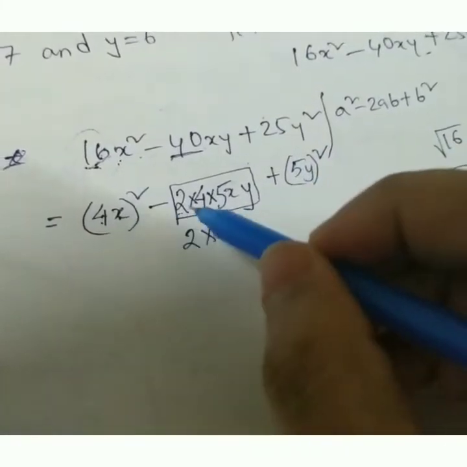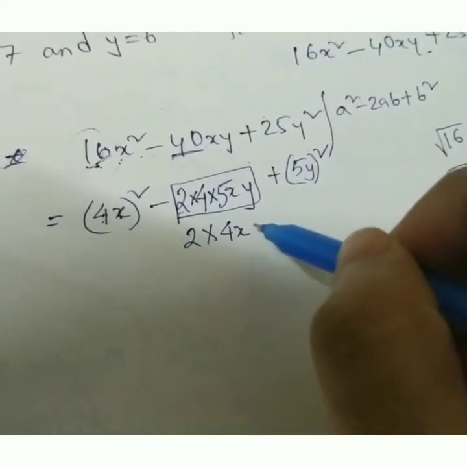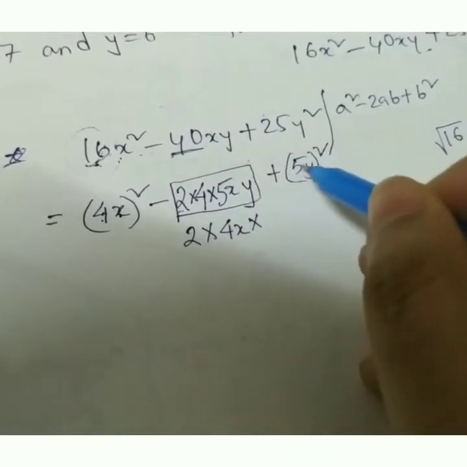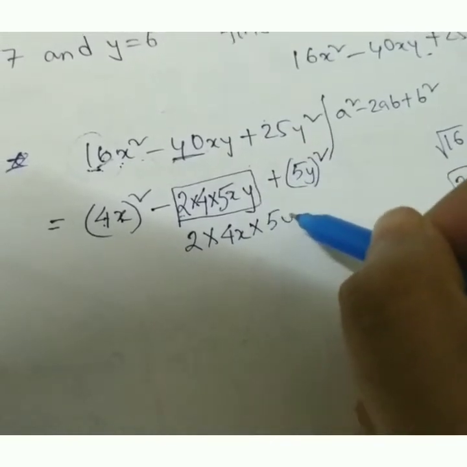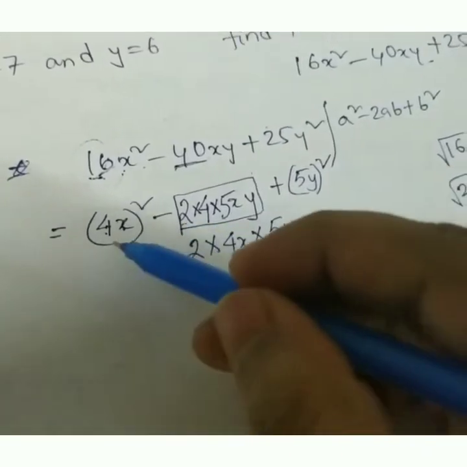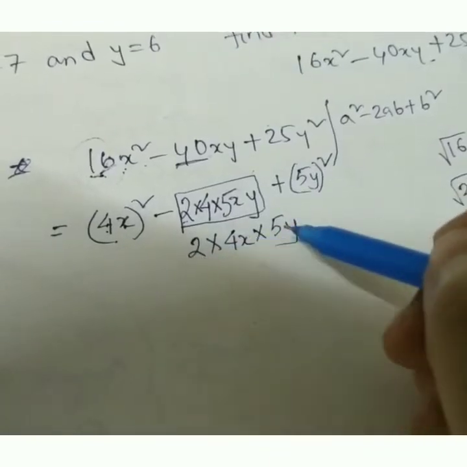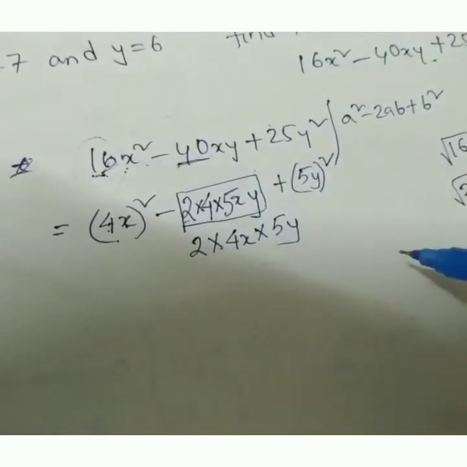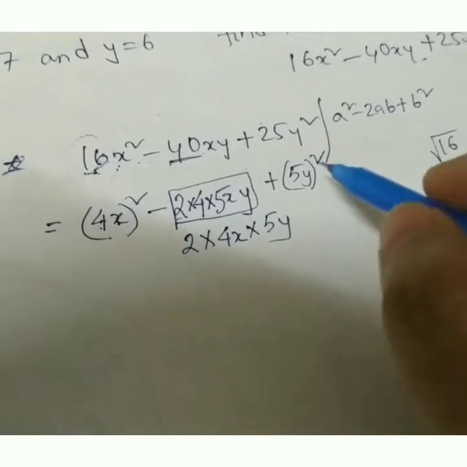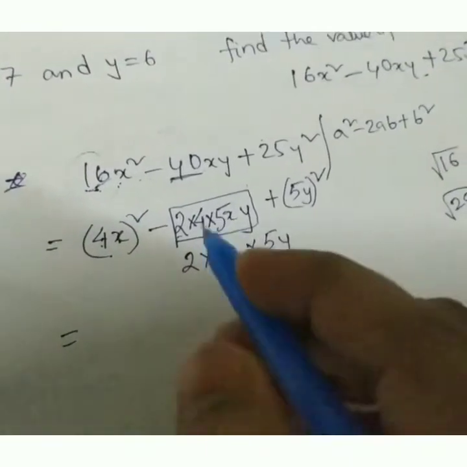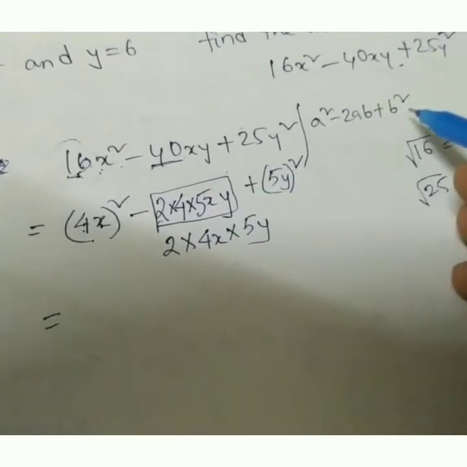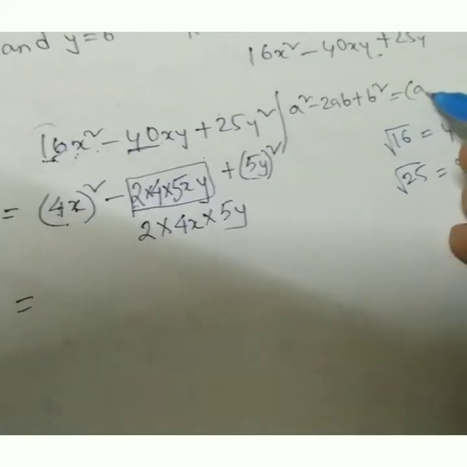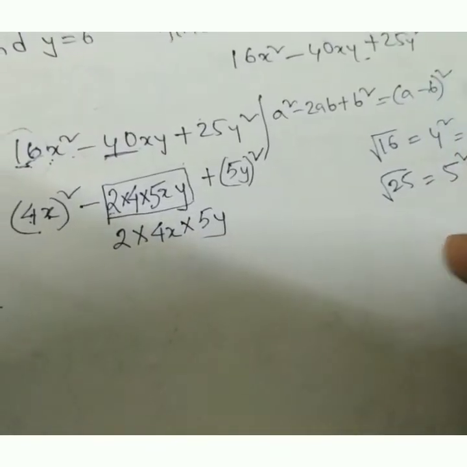So a square minus 2 into a into b will be what? 5y. So a square minus 2ab plus b square. So a square minus 2ab plus b square is what? (a minus b) whole square, right?